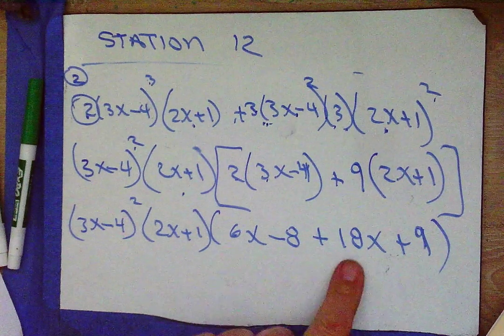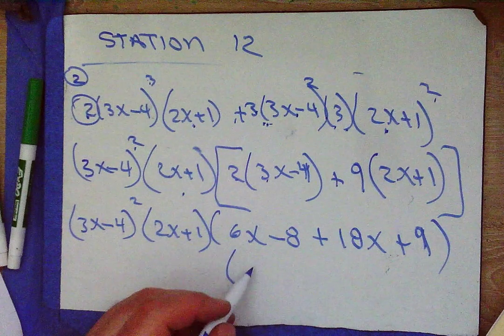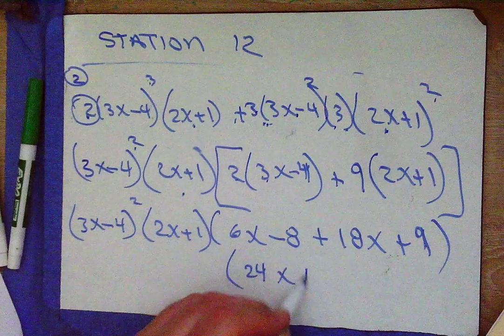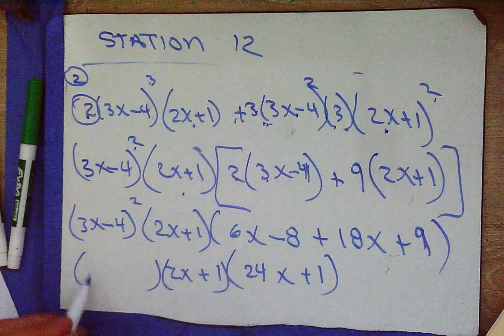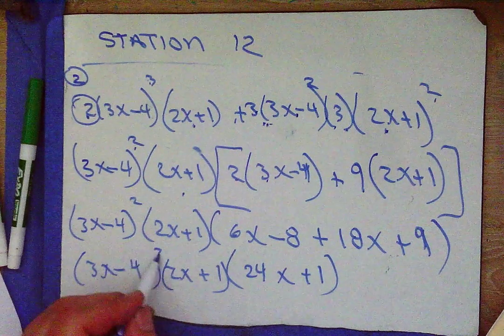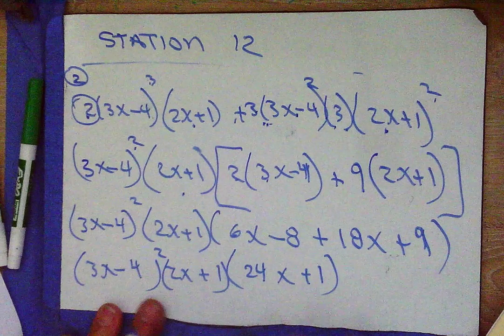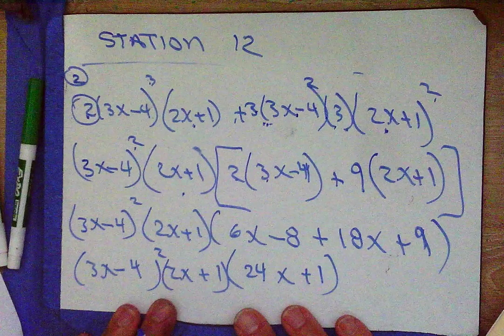Tidy this up, combine like terms, and you should have 24x plus 1 times 2x plus 1 times 3x minus 4 squared.